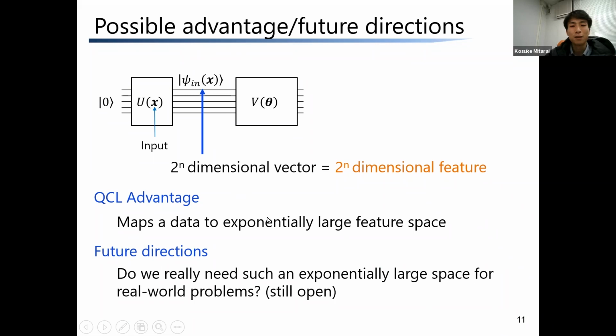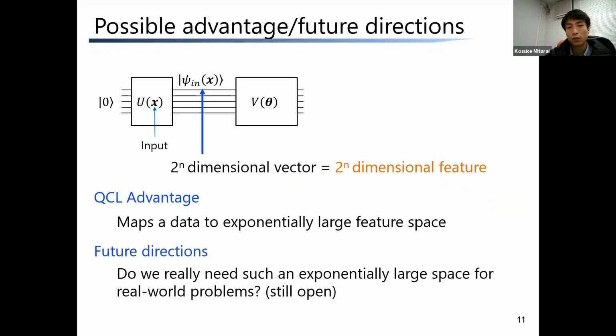We do not know if this helps in such data. I think this problem is still open and should be explored in the near future to show if quantum machine learning is really useful in the classical setting.